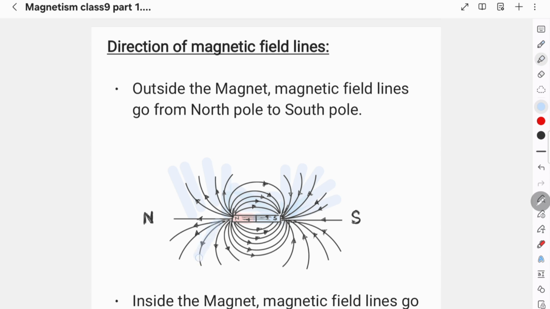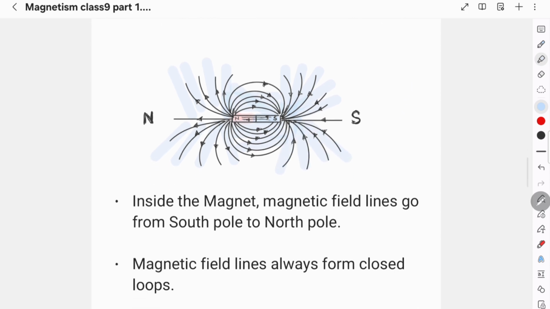Similarly, on this side also, it is coming out from the north pole, and you have these loop lines, and then it is entering the south pole. Inside the magnet, the magnetic lines go from south pole to north pole. So they are traveling from south to north inside the magnet.